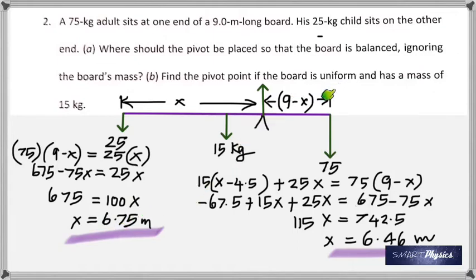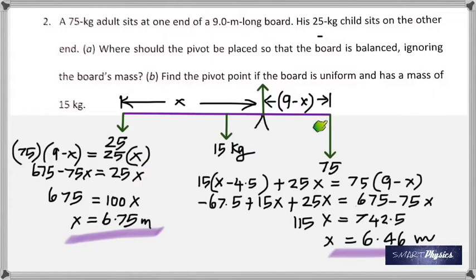In part B, now you have to consider the mass of the board, and because it's a uniform board, its weight or its mass certainly acts through its center, because that's where the center of mass is. So the 15 kilogram acts right through 4.5 meters. Since the pivot is here, now there are two counterclockwise torques. One is by the 15 kilograms, the other is by the 25.